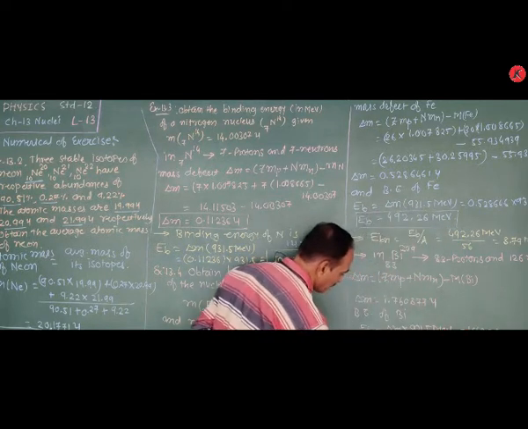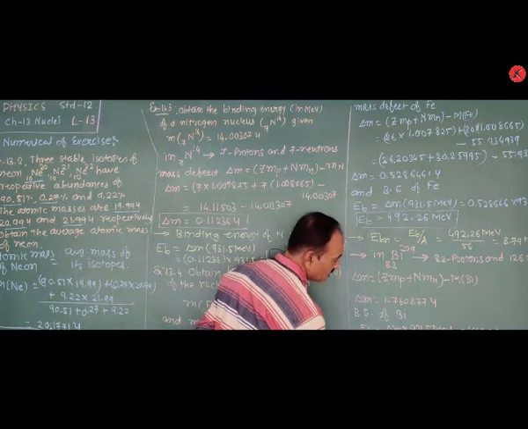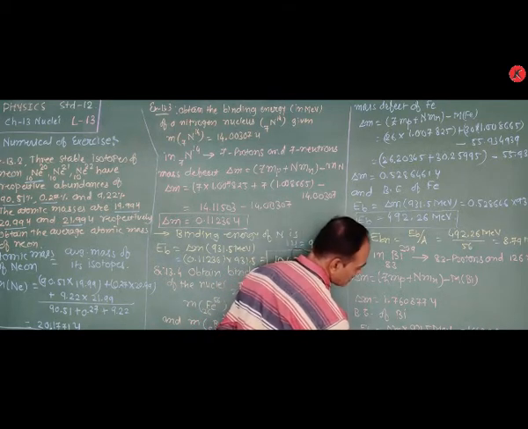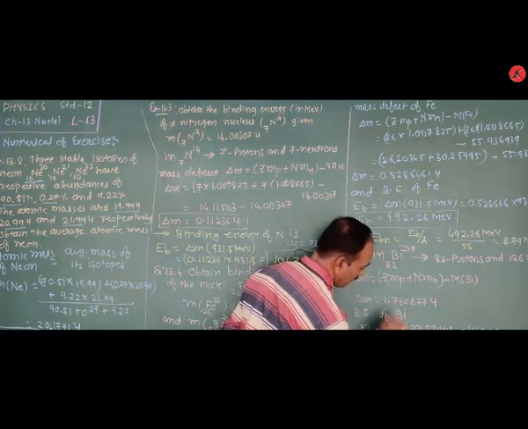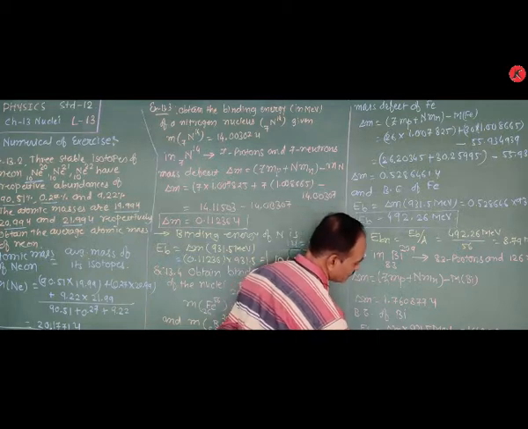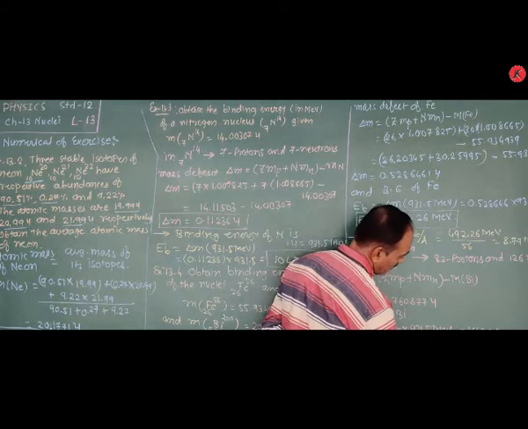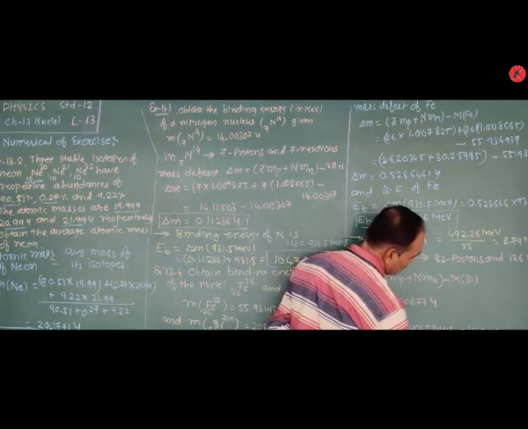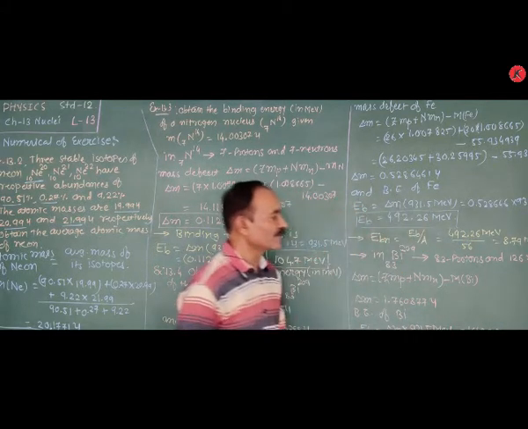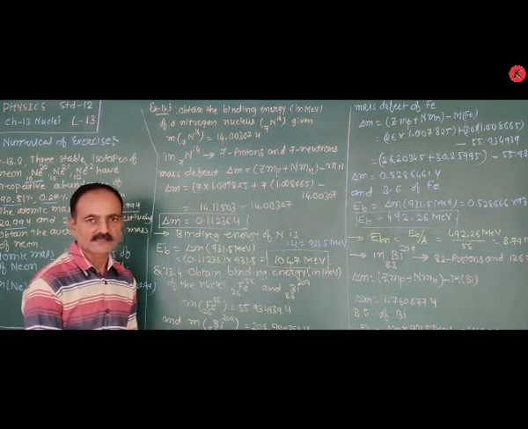And binding energy per nucleon EBN is equal to 1640.3 upon 209. That means 7.85 MeV is the binding energy per nucleon for bismuth.